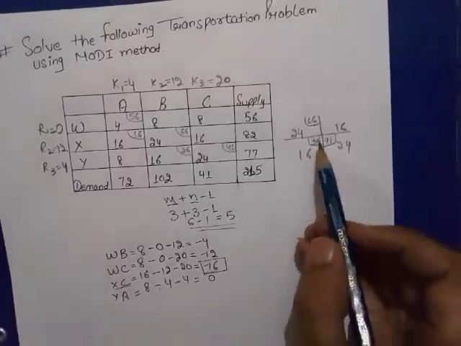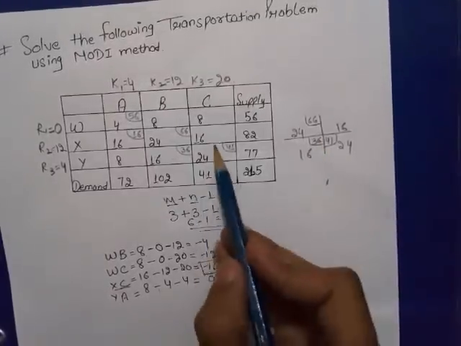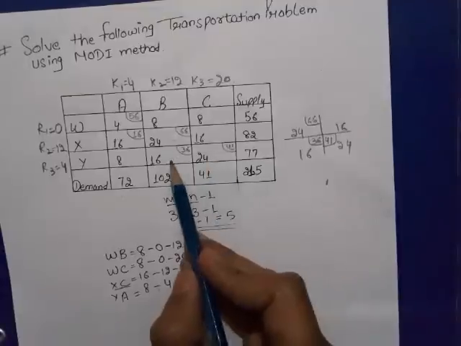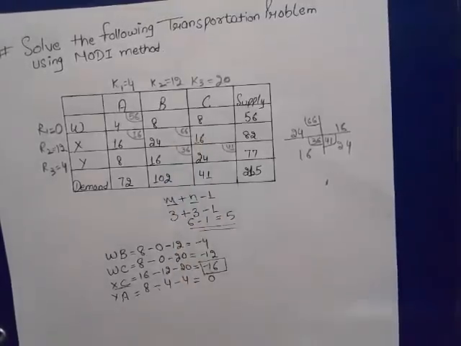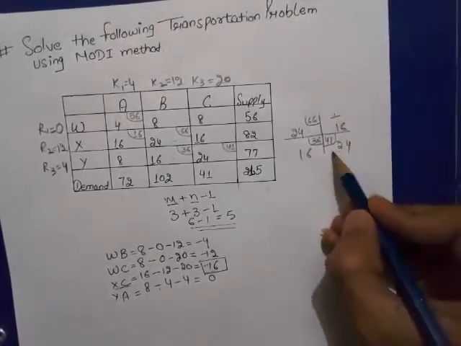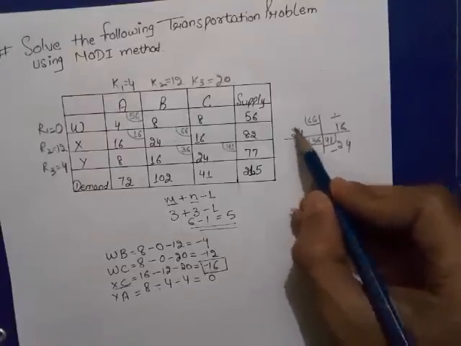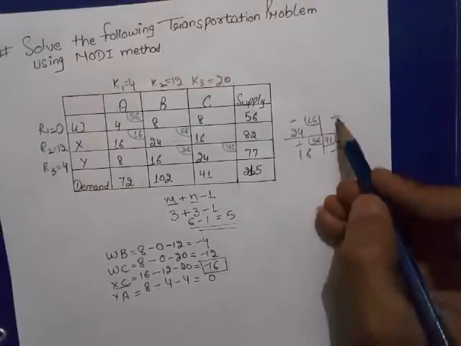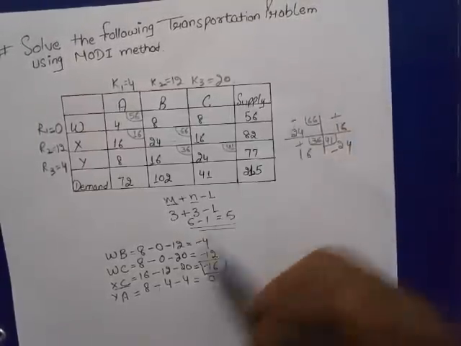I have told in the previous video how to make loops. This, and this. The starting point at which we have started our loop is positive, negative, positive and negative, plus minus plus minus.